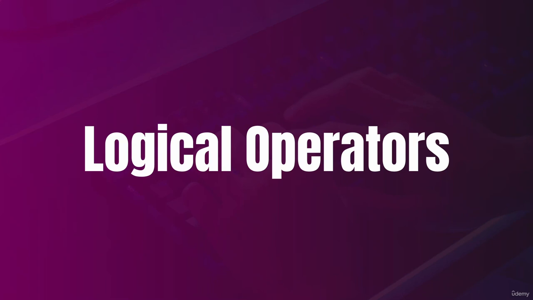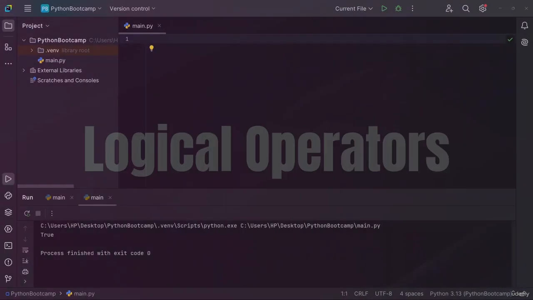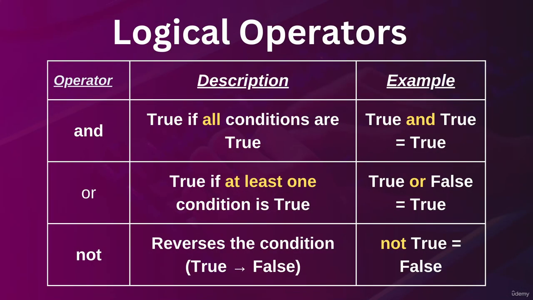So, what are logical operators? Logical operators combine multiple conditions, which are Boolean expressions, into one logical statement. Python has three main logical operators, and they are AND, OR, and NOT. AND returns true if all conditions given to it are true. OR returns true if at least one condition is true.